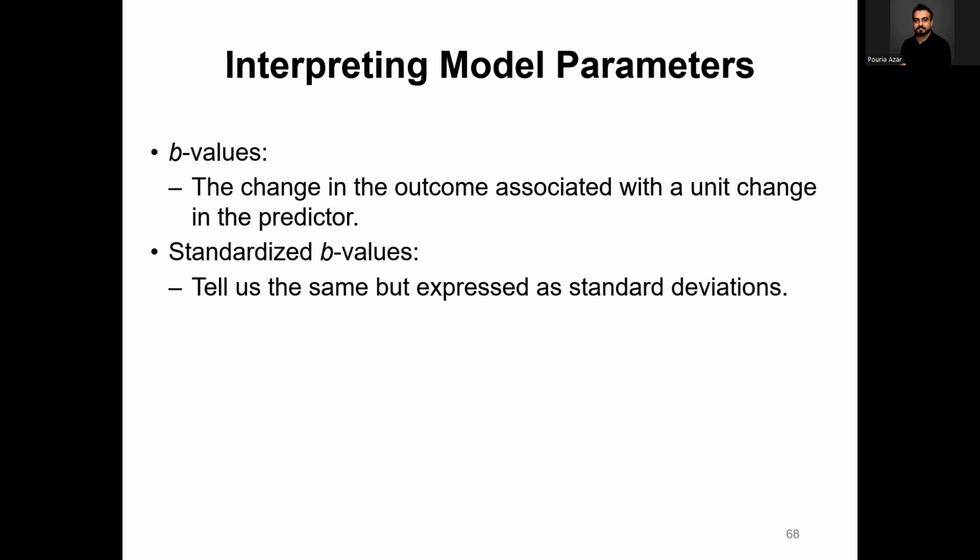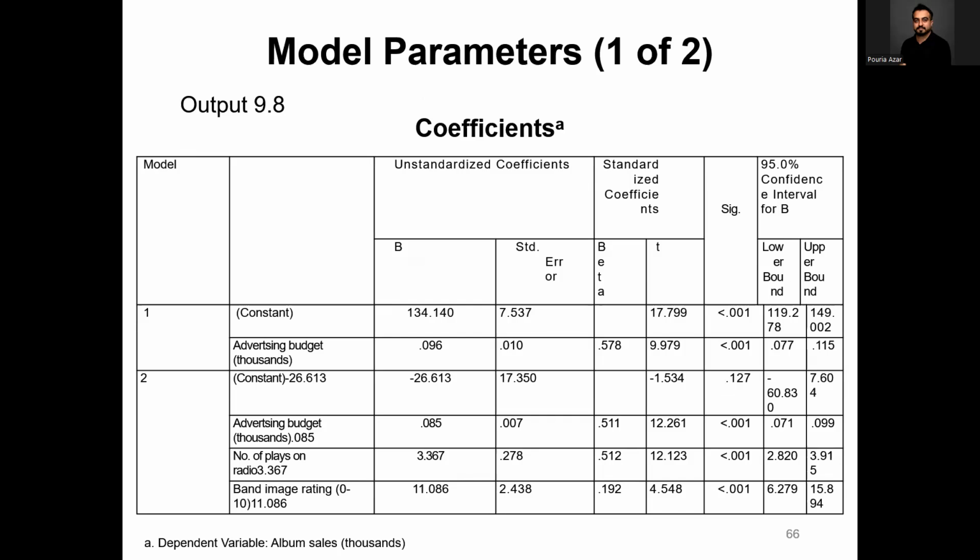So how can we interpret these models? The beta values represent the change in the outcome associated with a unit change in the predictor. Remember, we say unstandardized beta coefficients or standardized beta coefficients. So that's the difference.